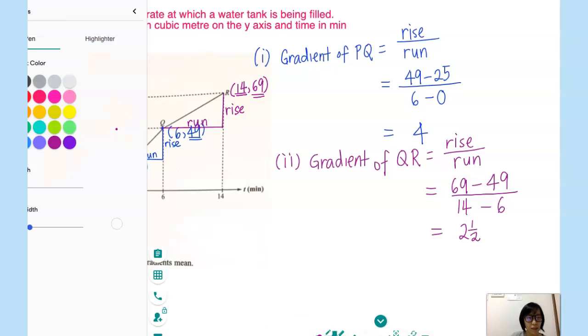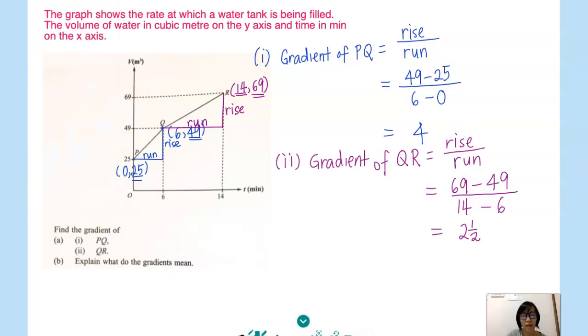Now for the last part, we have to interpret what the gradients actually mean. If you realize, we used rise over run. The rise would be the difference in the volume, which we are calculating from 0 minutes to 6 minutes. So basically, you're looking at the volume divided by the time taken.